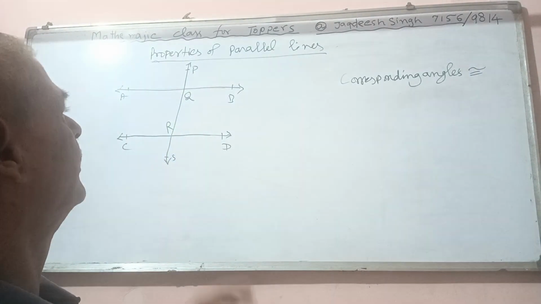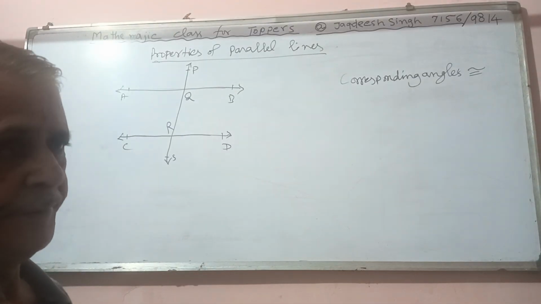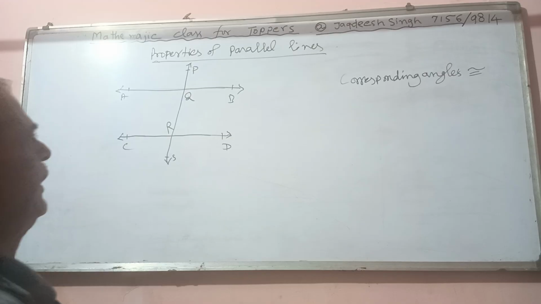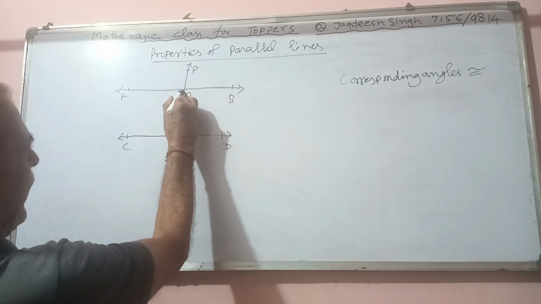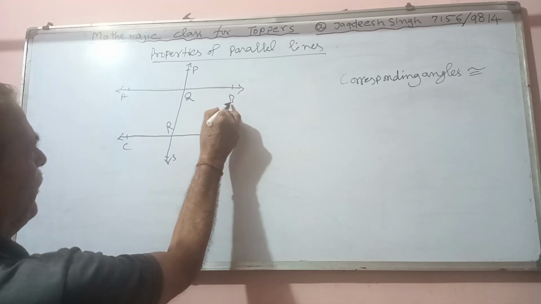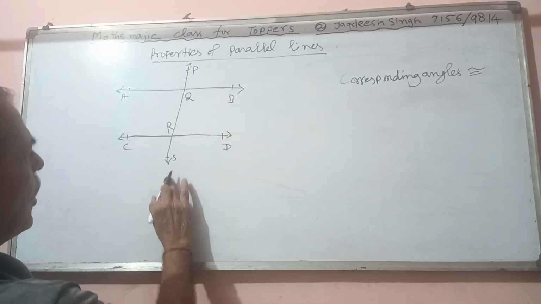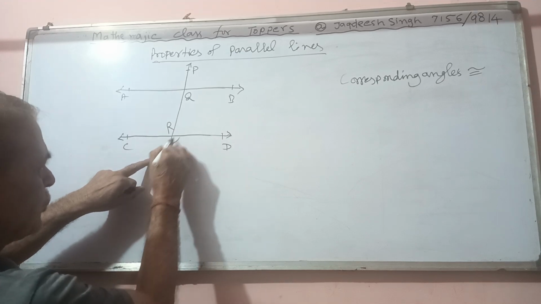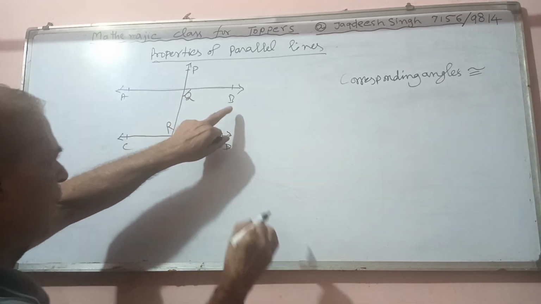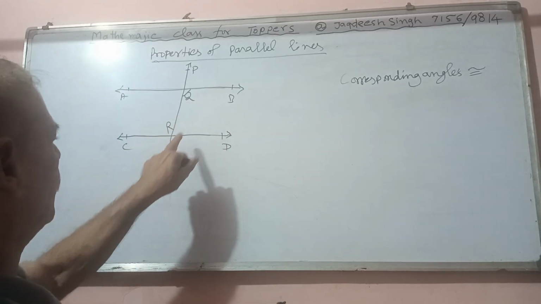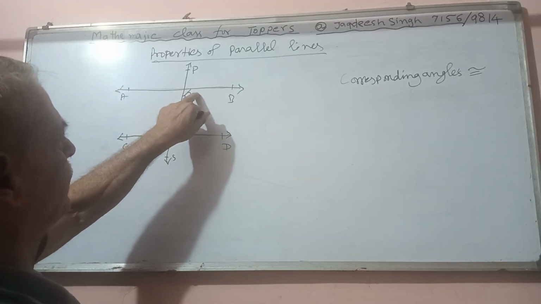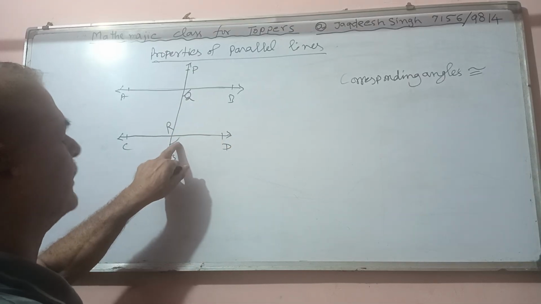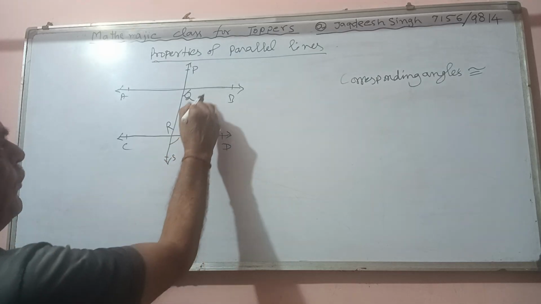How will you find corresponding angles? Just make a flag. If you make a flag from B to Q, Q to S or R, and from D to R, R to S, these two angles are formed. When you come from B, Q, S, this angle is formed. And when you come from D to R, R to S, then this angle is formed. So a flag is formed.